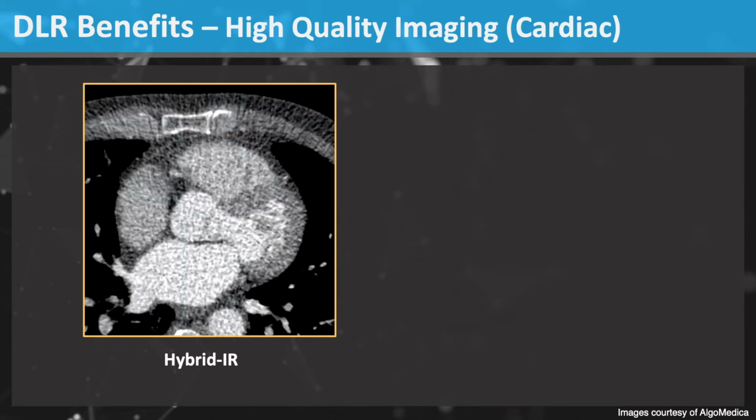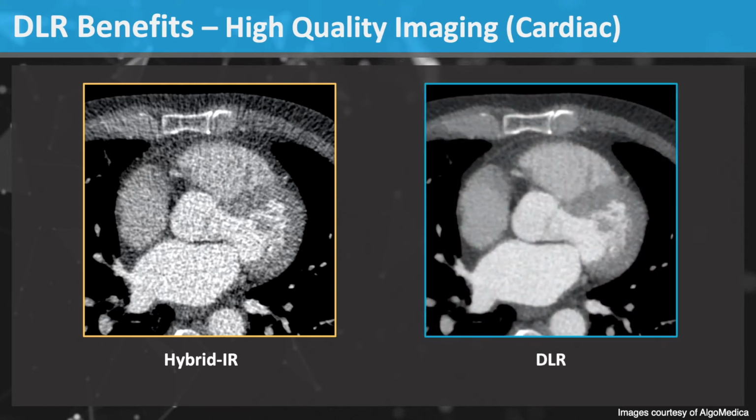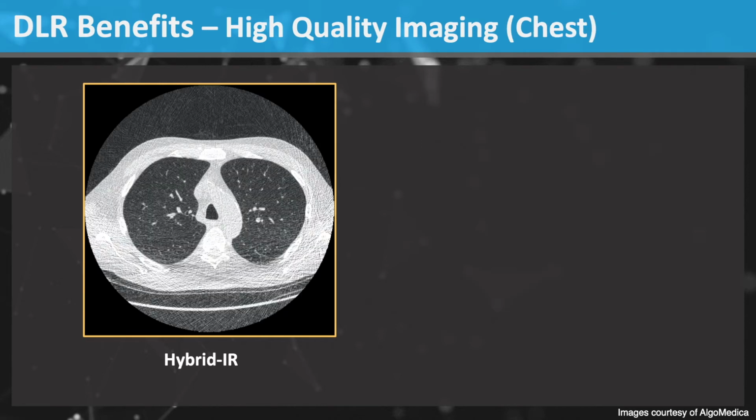This cardiac CT has high image noise, despite using iterative reconstruction. DLR improves the contrast to noise ratio and markedly improves image quality. It's much easier to detect a cardiac abnormality on these high quality images. This chest CT has high image noise, despite using current reconstruction methods.